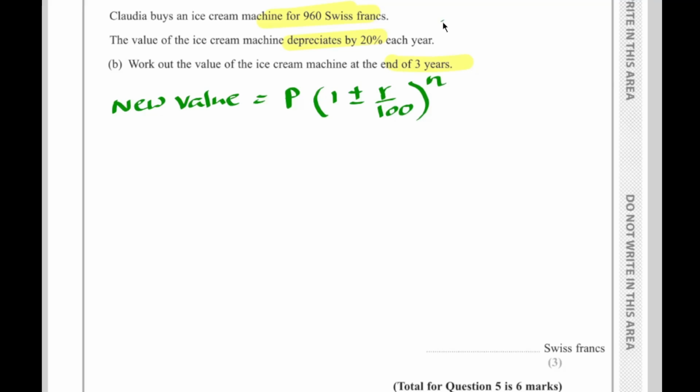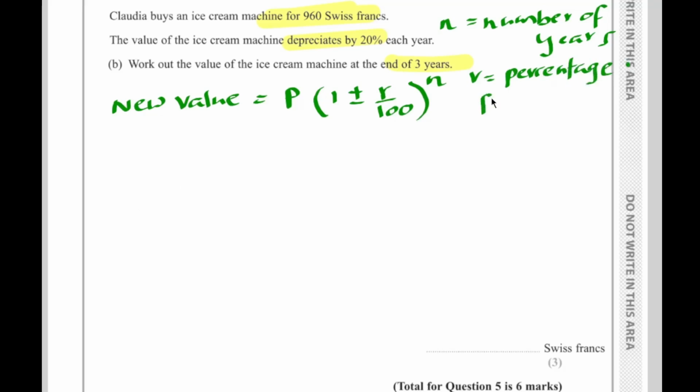N means number of years. R means percentage. P means initial value or the cost or the original value.